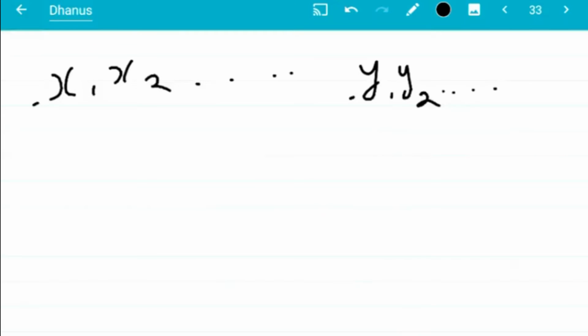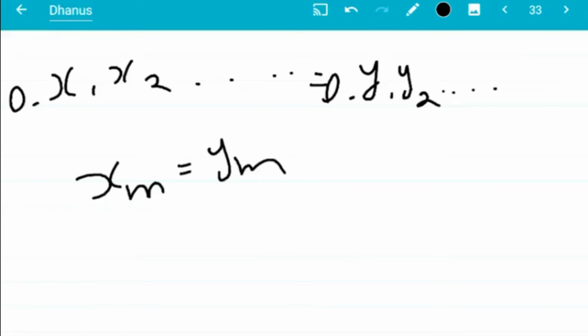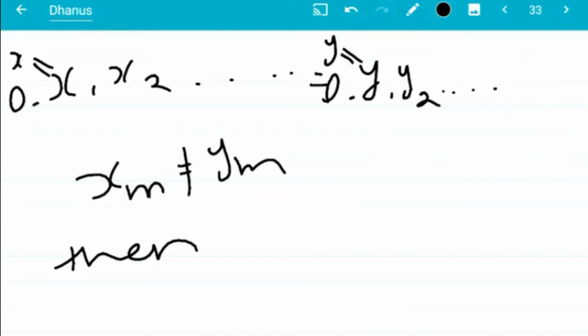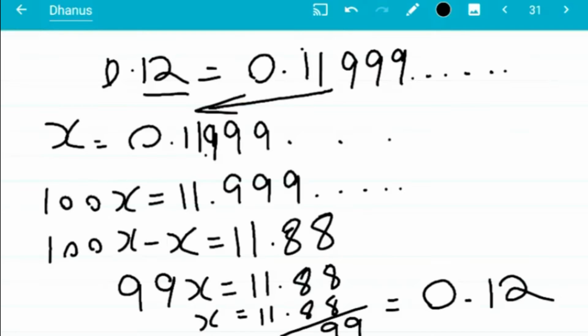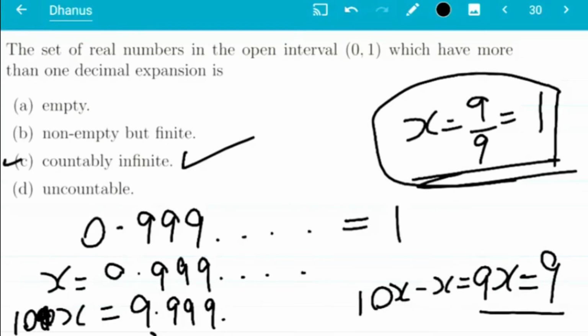We are comparing whether xn equals yn or not. Suppose xm is not equal to ym, then x is not equal to y. That's why we got that there are countably infinite real numbers in the open interval (0, 1) which have more than one decimal expansion.